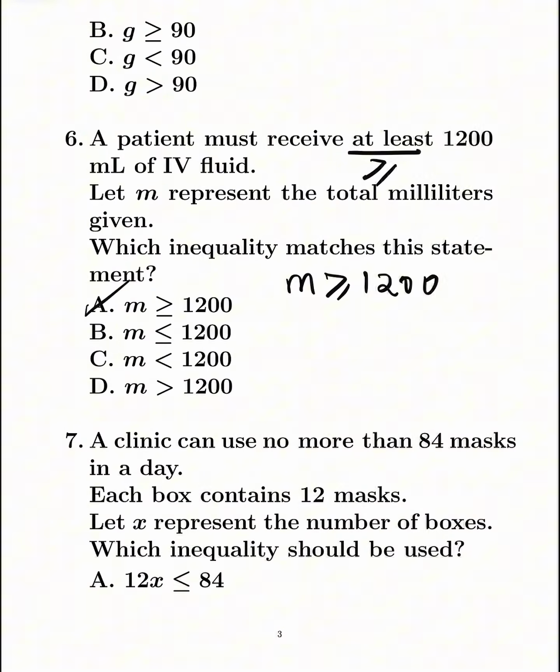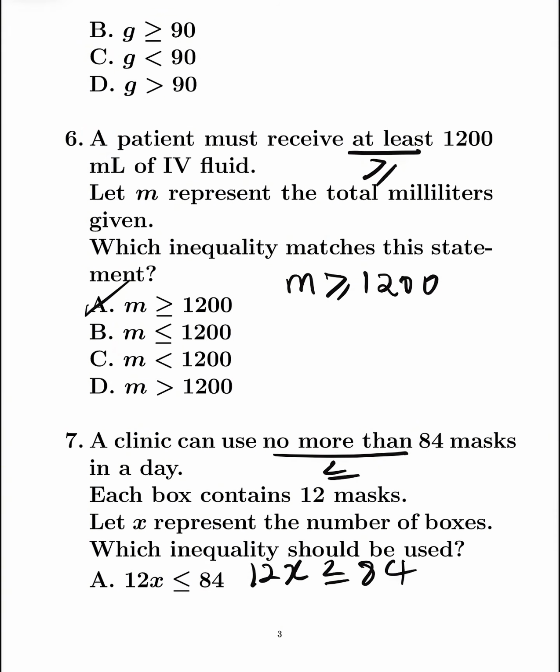A clinic can use no more than 84 masks in a day. No more than, you already know, is less than or equal to. Each box contains 12 masks. Let X represent the number of boxes. Which inequality should be used? So we have 12 times the number of boxes is less than or equal to 84.